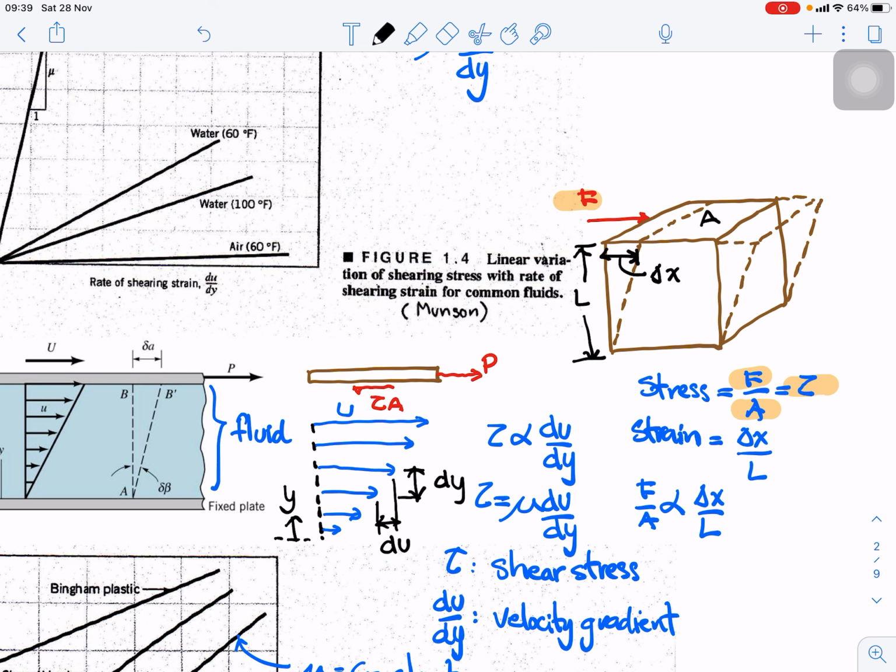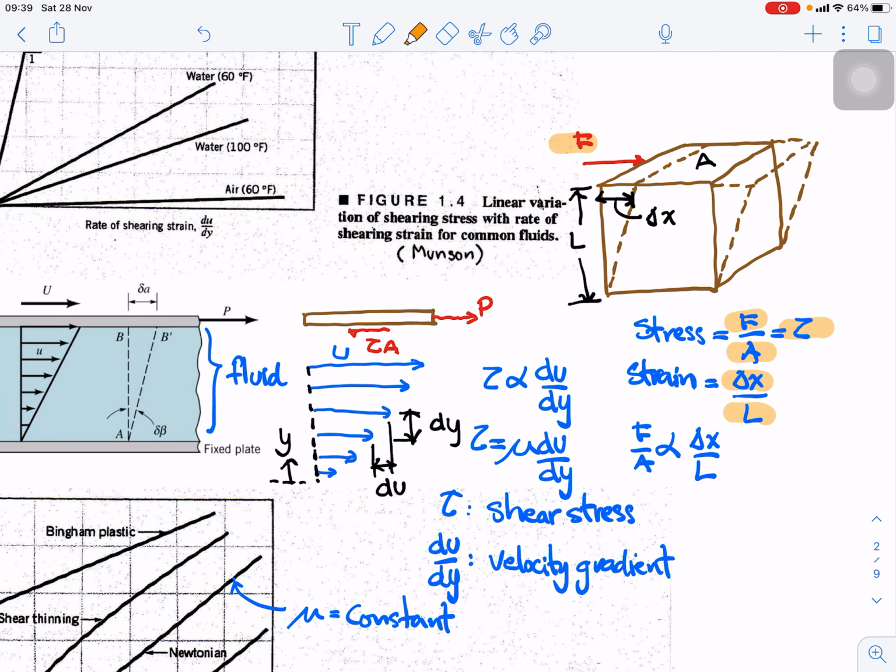It's the displacement of the fluid particle. If we divide delta x by L, the height of the fluid particle, we get the strain. In this case, the stress F over A is linearly proportional to delta x by L.